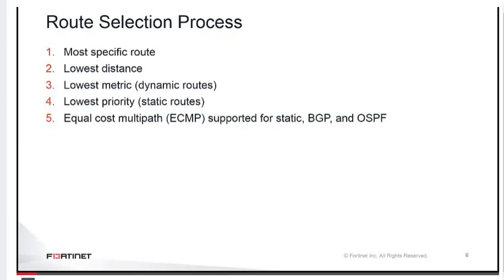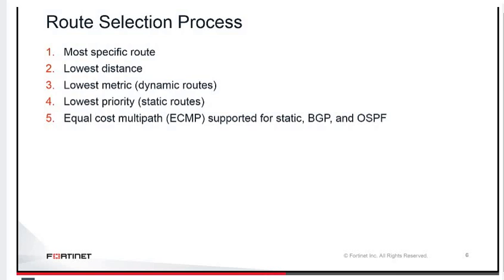When there is more than one route to a destination, this is the process for selecting which route to use. First, FortiGate uses the most specific route, which is the one with the longest net mask, smallest subnet. If there are two or more routes with the same longest net mask, the unit selects the one with the shortest distance. After that, the lowest metric is used as the tiebreaker for dynamic routes.